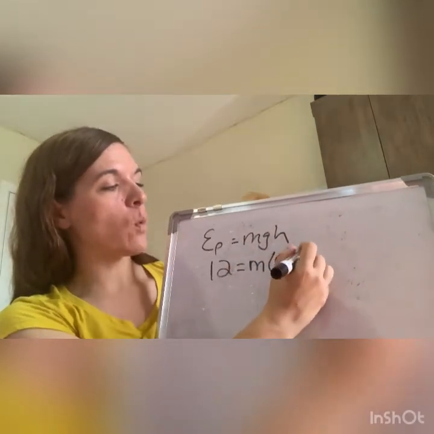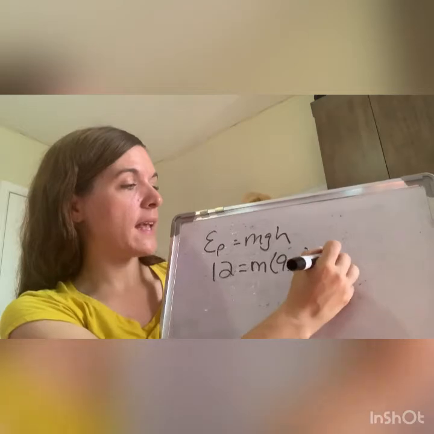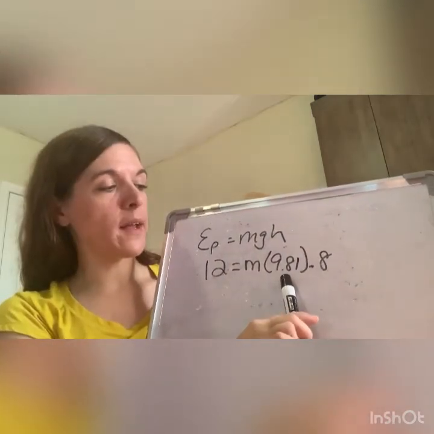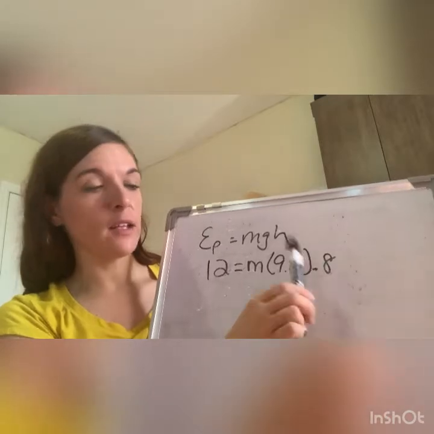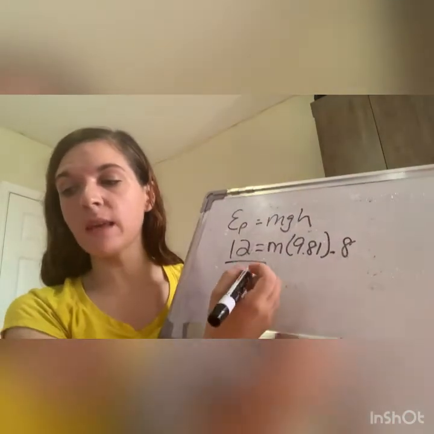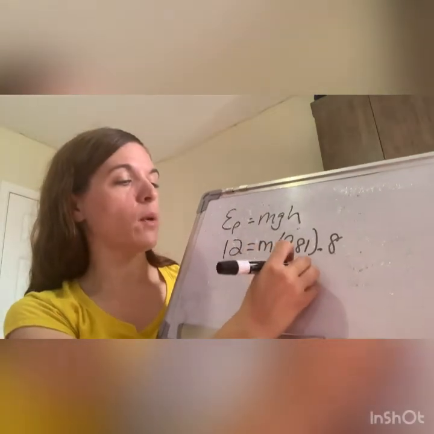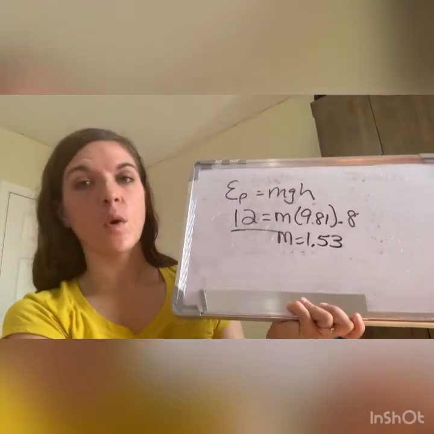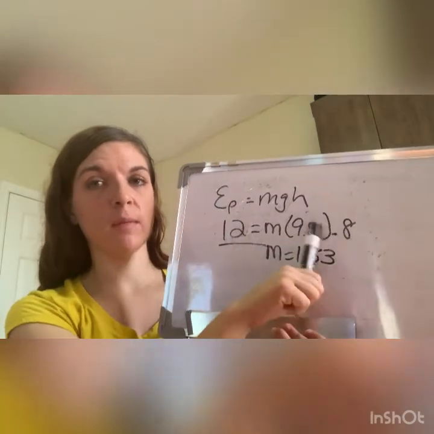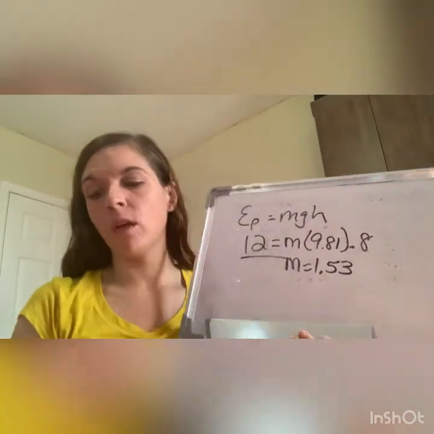G is 9.81, and the height is 0.8, right? So you multiply 9.81 times 0.8, and you divide 12 by that number, and your mass is going to be 1.53. That divided by these two multiplied together gets m by itself.